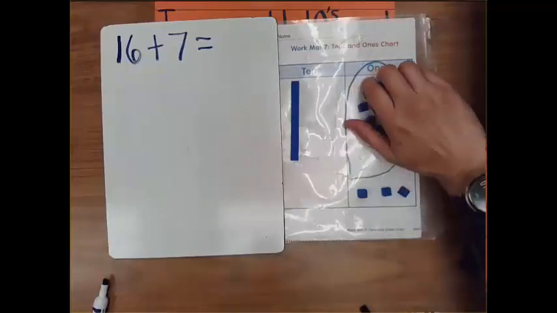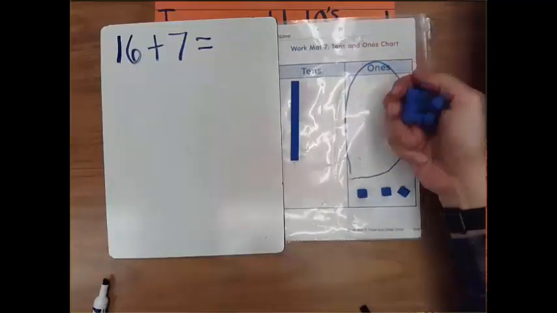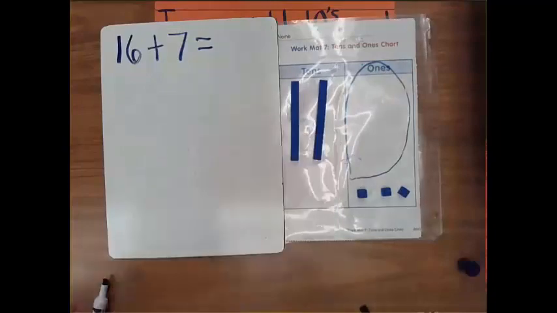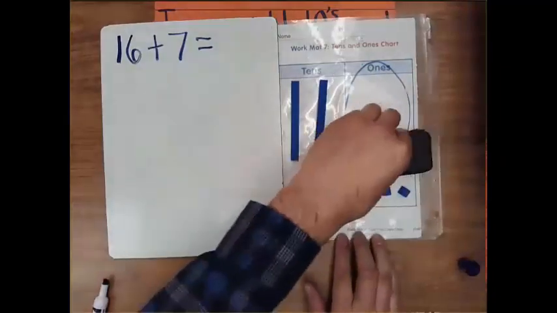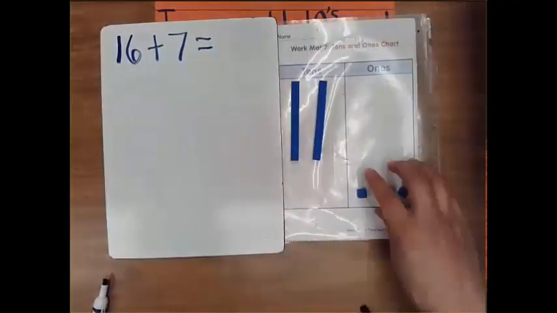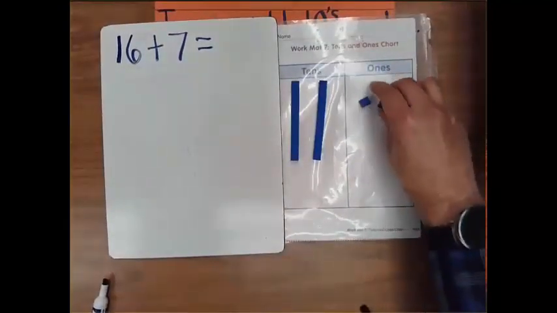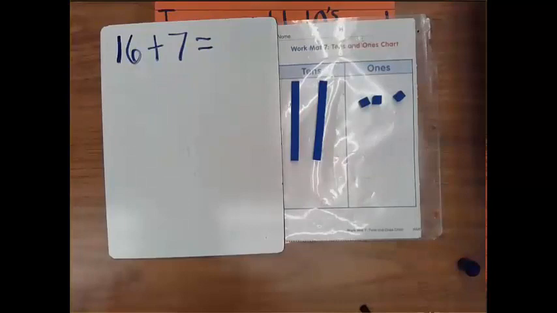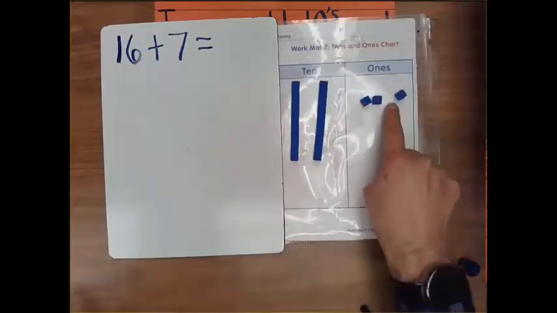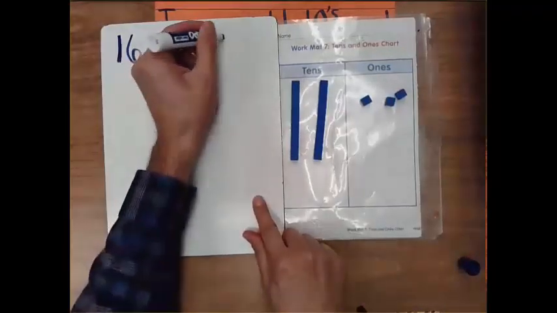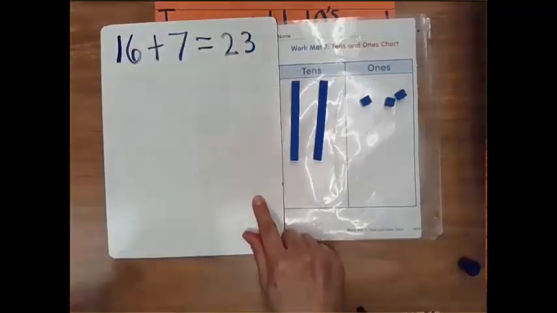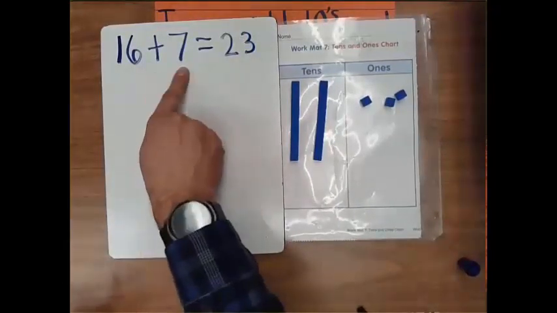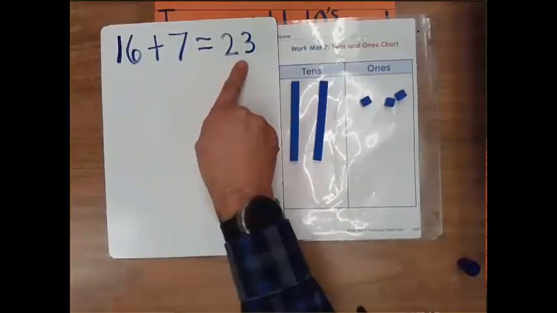So let's move those over to the 10s, and we're going to replace it with a 10 stick. And now that I regrouped them, I can take a look to see what number I have. So I know I have 2 10s and 3 1s. That makes 23. So 16 plus 7 equals 23.